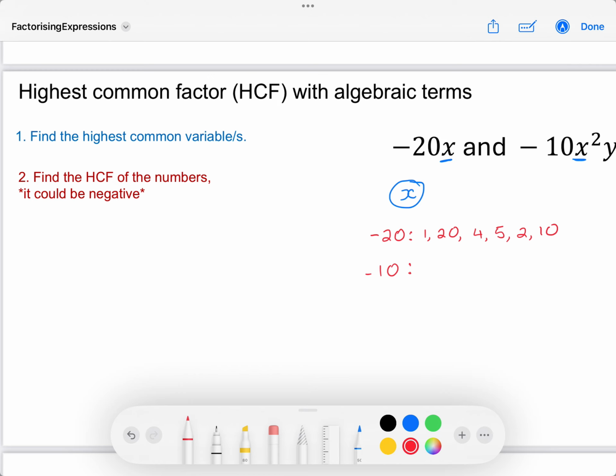For negative 10, I have 1 and 10, 2 and 5. So the highest number factor that both of these share is 2. But note, both of my original terms were negative. So in this case, not only do I put 2x, but I also can take the negative out as a common factor.